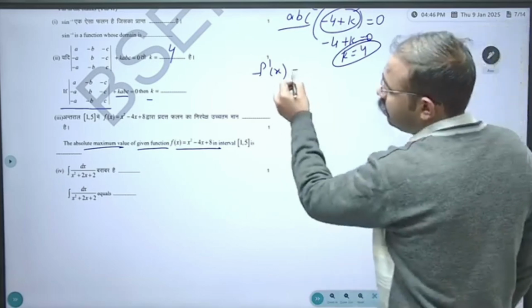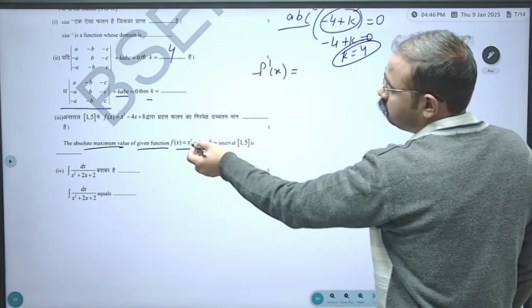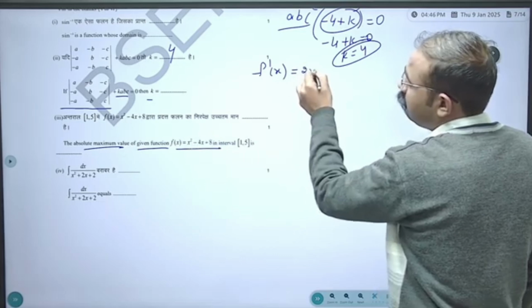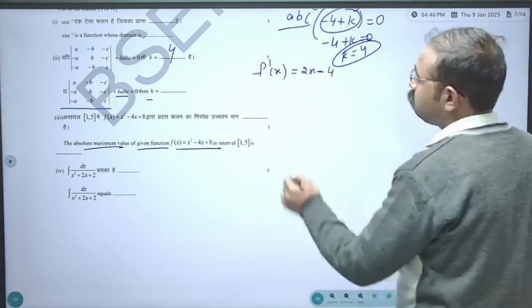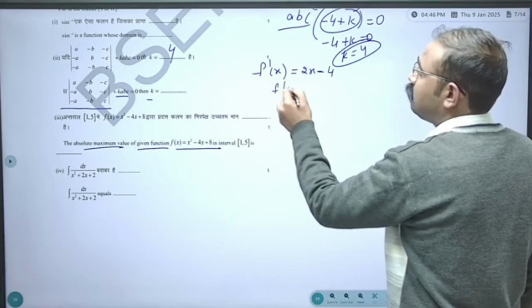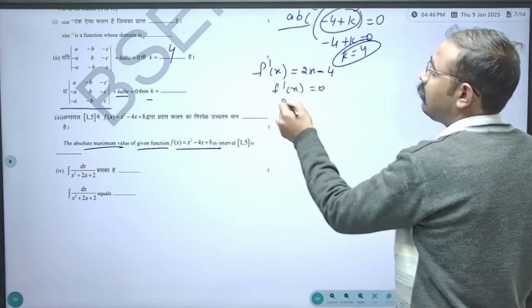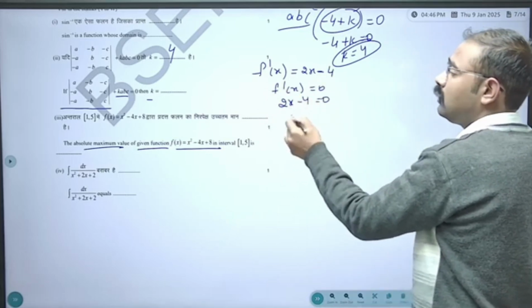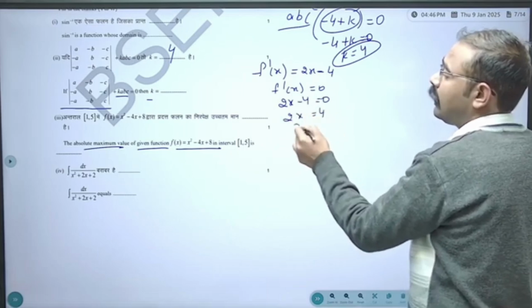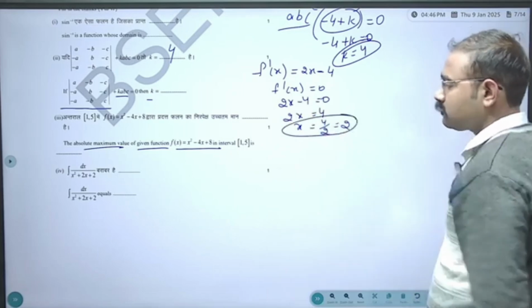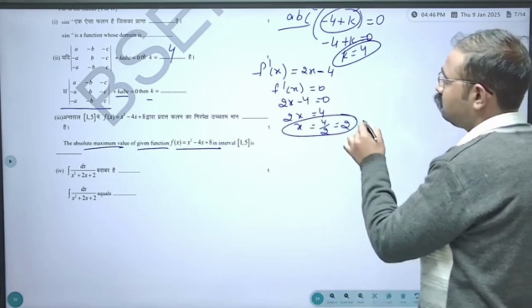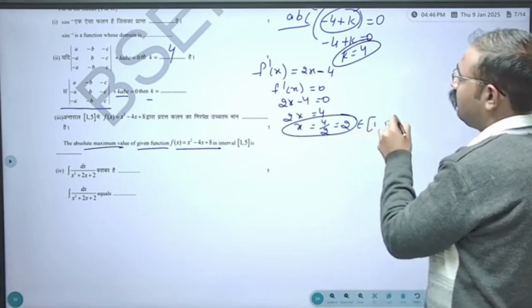Just find f dash x, that will be the derivative of x square, 2x, minus the derivative of 4x, 4. By f dash x is equal to 0, 2x minus 4 is equal to 0, and 2x is equal to 4, and x is equal to 4 upon 2, and this 2 belongs to 1 comma 5.